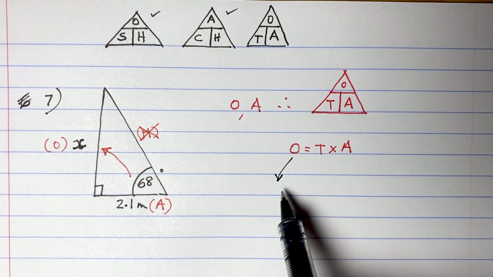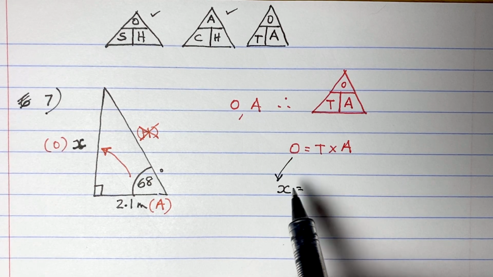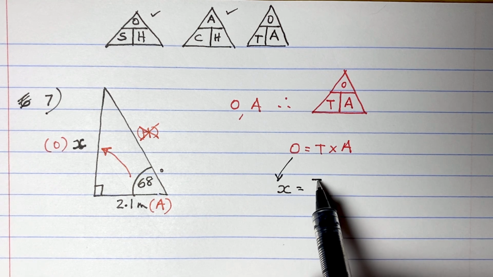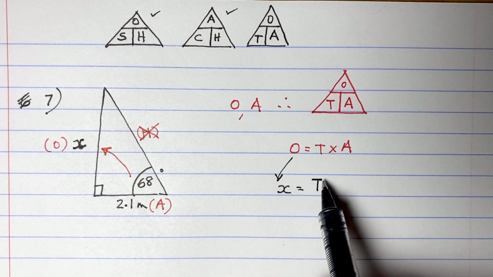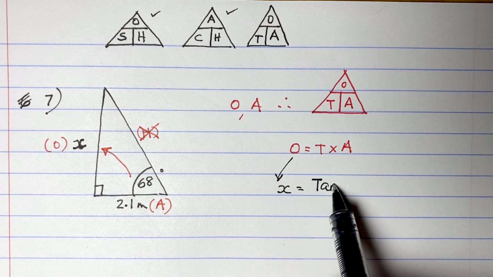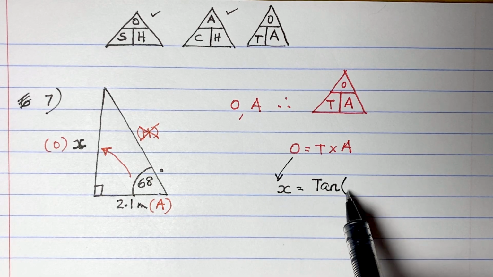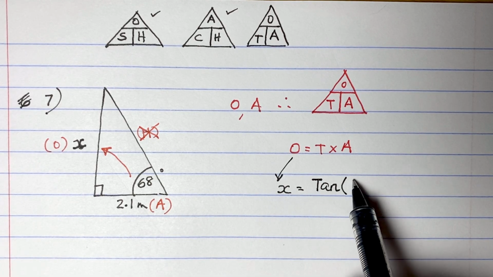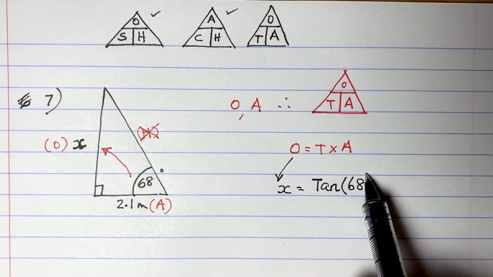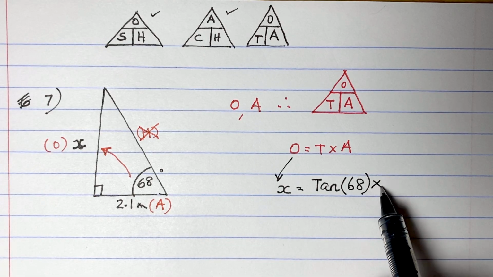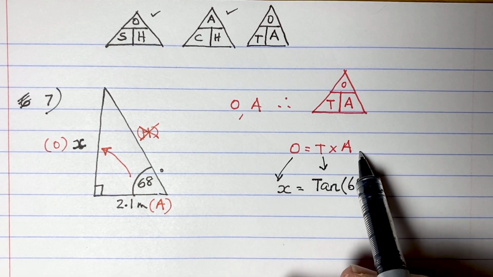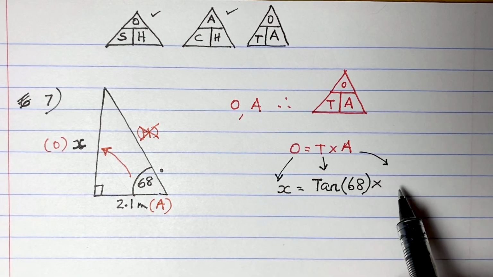O was labeled X. T is a trigonometric ratio known as tan. And tan or sine or cos, they all need their angle, tan of an angle. So that's T for tan of the angle, and A is the adjacent, which is 2.1.